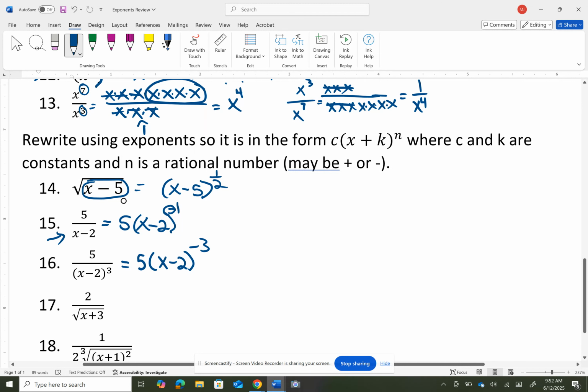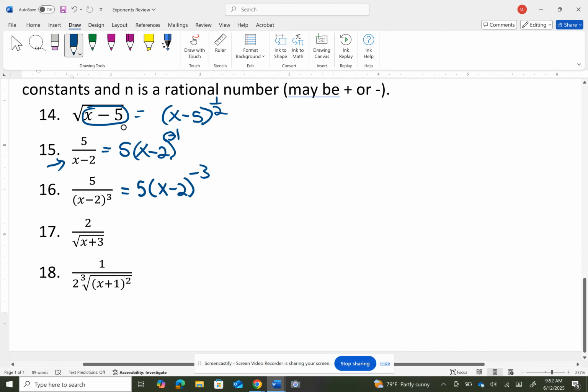Okay? And then look at how number 17 has a denominator, and the denominator has a radical in it. So this is going to involve a fractional exponent, and the fractional exponent will need to be negative. So the idea would be that I could think about the square root of x plus 3 as x plus 3 to the 1/2 power.